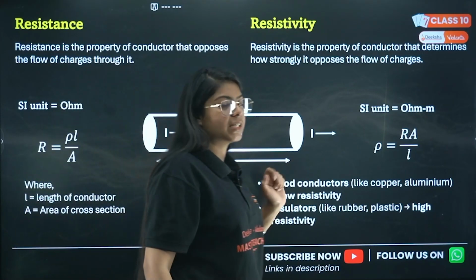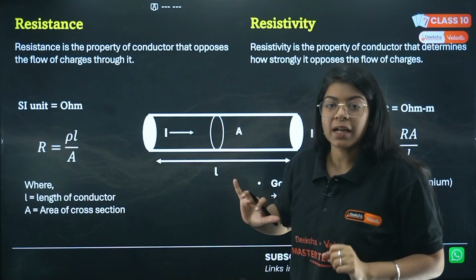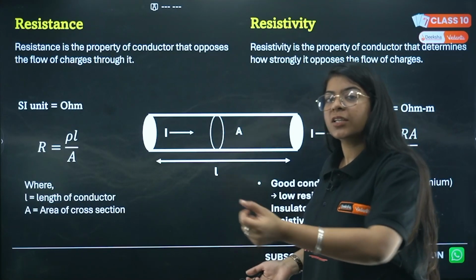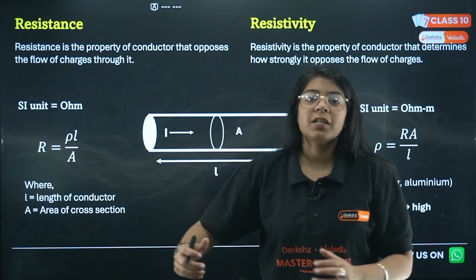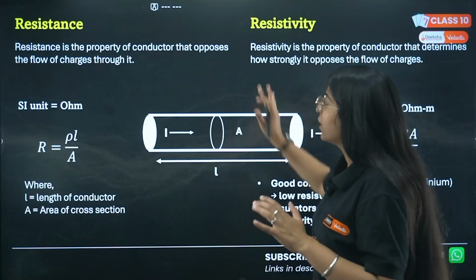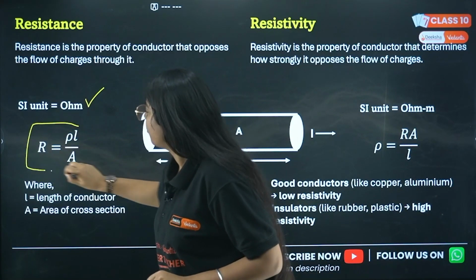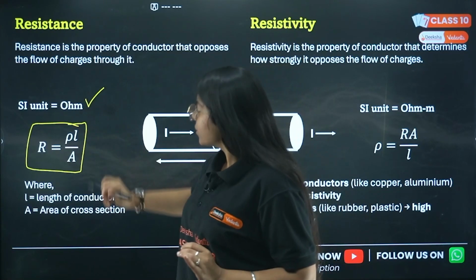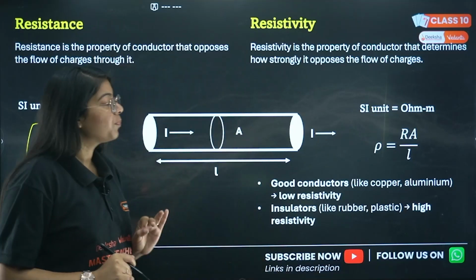Next we have resistance and resistivity. Now resistance is the property of a conductor that opposes the flow of charges in it. I know in my conductor charges are flowing, but resistance is the property of that conductor that is stopping the charge from flowing, causing a hindrance to its flow, right? So that is resistance. Its SI unit is ohm, and this is again a very important formula, R equals rho L by A, where rho is resistivity, L is length, A is area of cross section of the conductor.